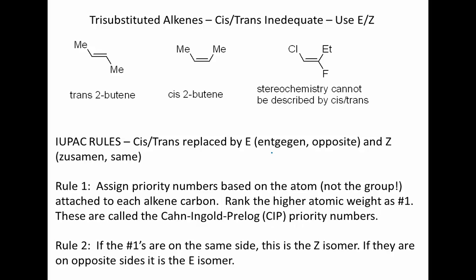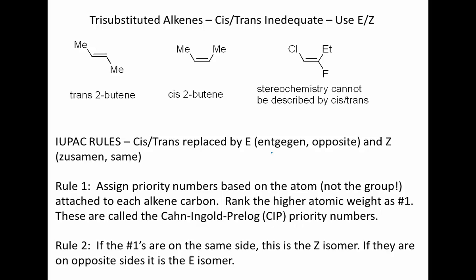Okay, so to name something according to its E-Z rules, we're going to have to go through a series of steps. E stands for the German word entgegen, which means opposite, and Z stands for the word zusammen, which means the same. Rule number 1: we're going to assign priority numbers based on the atom, not the group.